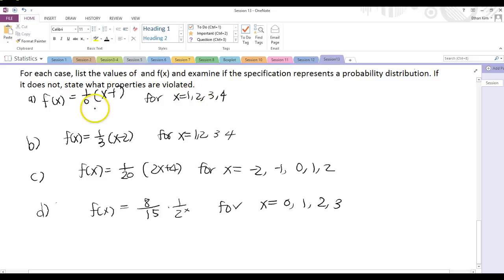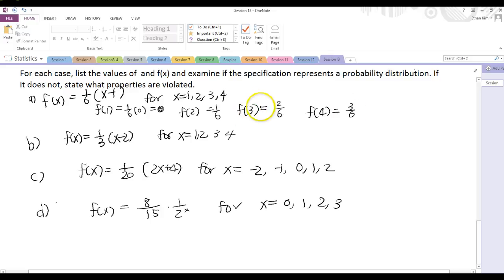For f of 1, it's going to be 0. So this is 0, not a 6. That's a 0, right? F of 2 is 1/6. F of 3 is 1/3, or let's just write it this way. And f of 4 is 3/6.